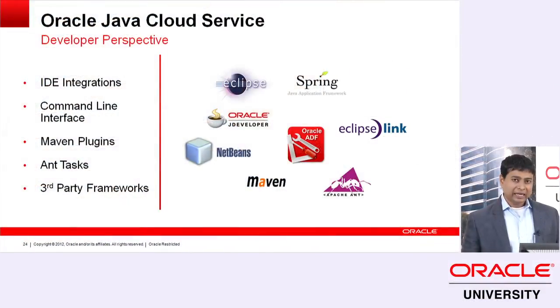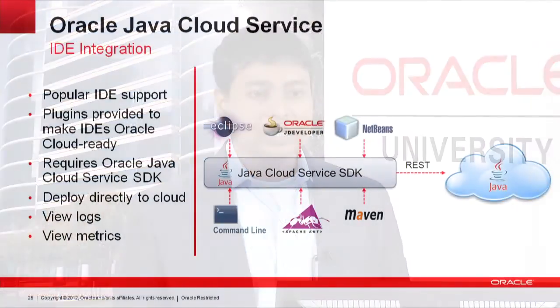We provide you command line access for monitoring and management of your Java Cloud Service, and we also give you Maven and Ant so that you can integrate with your own build infrastructure. If you want to directly deploy applications right out of your Maven project, you can do that. There are tasks for that. Same for Ant. And as I said, any third-party applications or frameworks can be deployed with your Java Cloud applications on the Java Cloud Service.